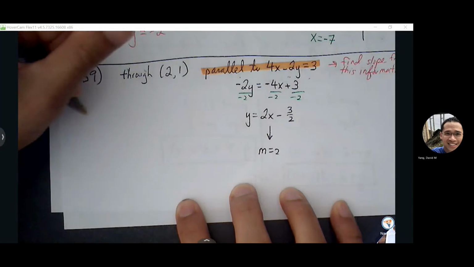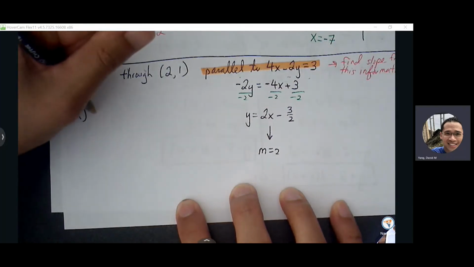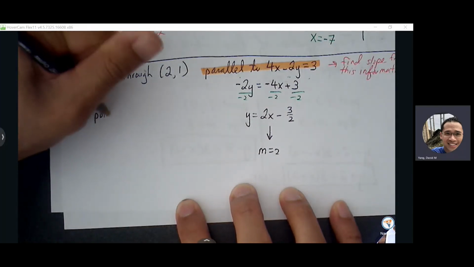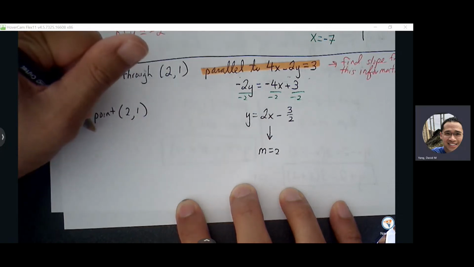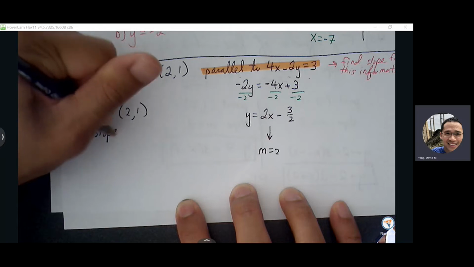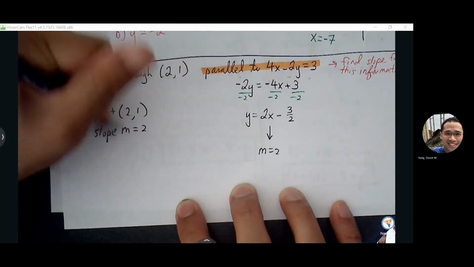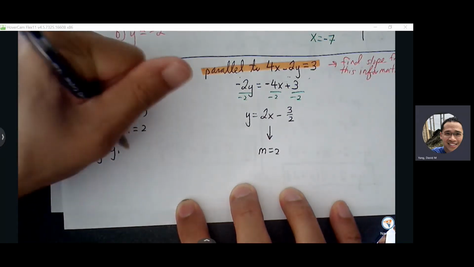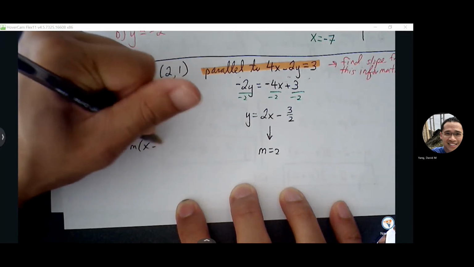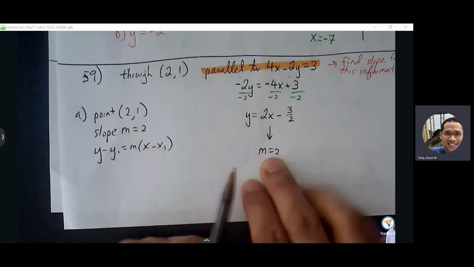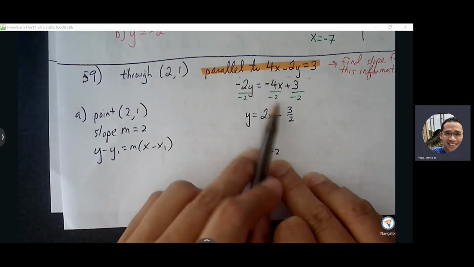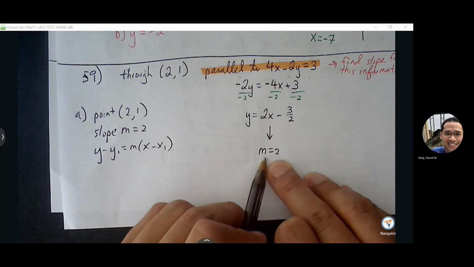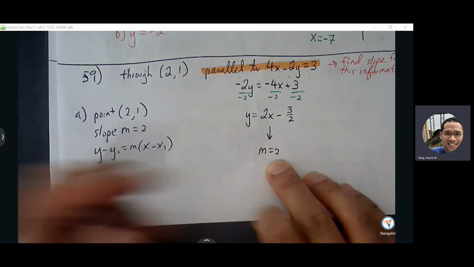Now I can move forward because part A, I just want something that will have ordered pair 2, 1, a slope of 2, and I can just put in the point slope form. I'm going to keep this slope 2 because parallel means same slope. So whatever the slope of this line is, I'm going to keep that same slope value.